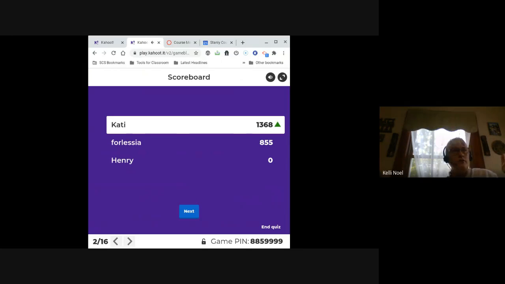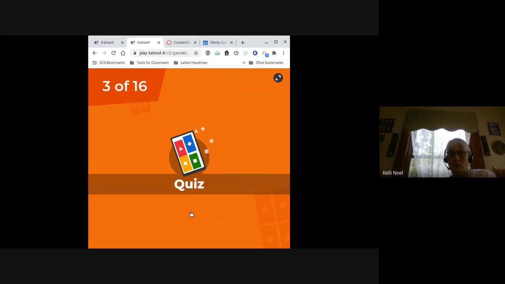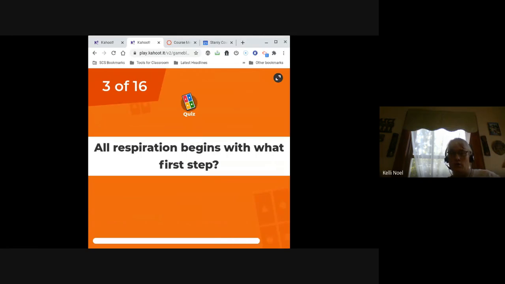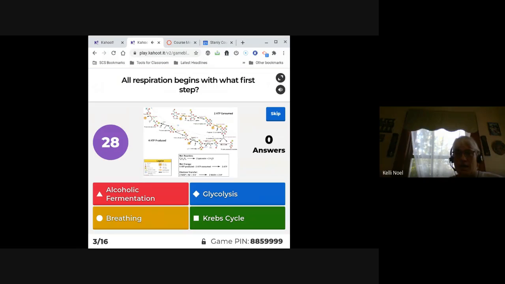All right. Cellular respiration begins with which step? If you can remember back in class, what has to take place first?